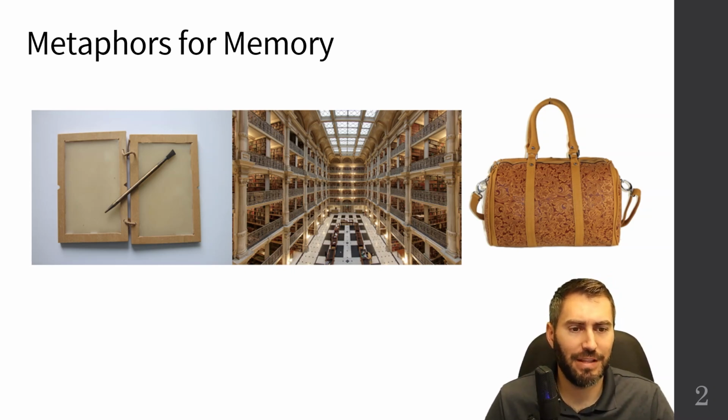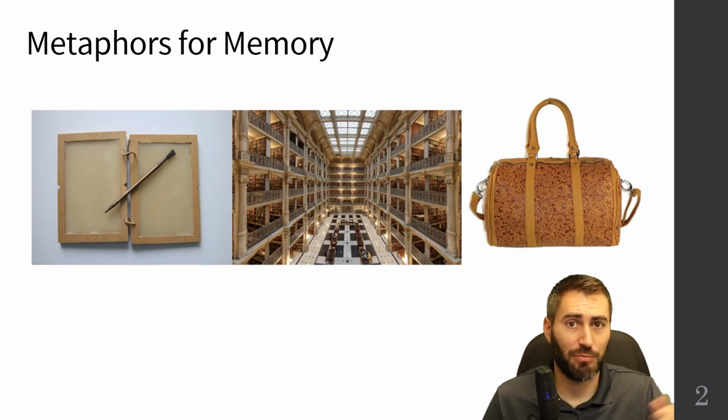Or maybe we think of it like some big library full of information, and we store information in this place and that place, and we can go retrieve it from here and there and draw on that information to remember what it was that we had stored. Or maybe we think of it like a bag, like a purse or a big duffel bag that we can just throw a bunch of information in and pull it out, and maybe we pull some random things out, or maybe we can dig and find what we're looking for.